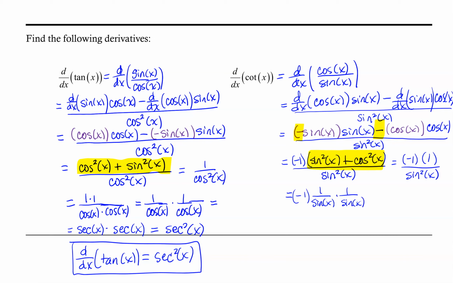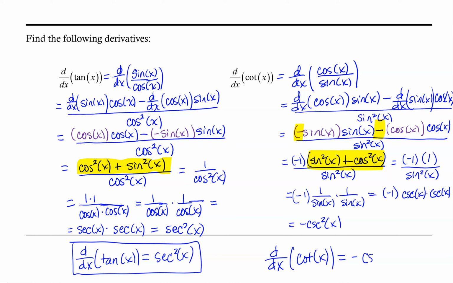Now 1 over sine of x is the same as cosecant of x, so we have negative 1 times cosecant of x times cosecant of x, or negative cosecant squared of x. So the derivative of cotangent of x is negative cosecant squared of x.